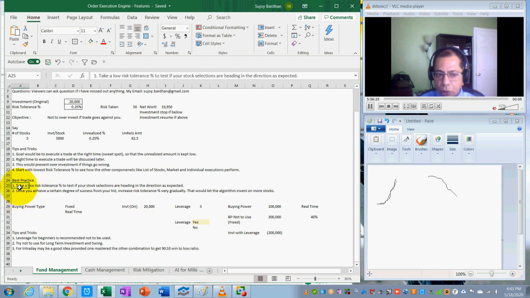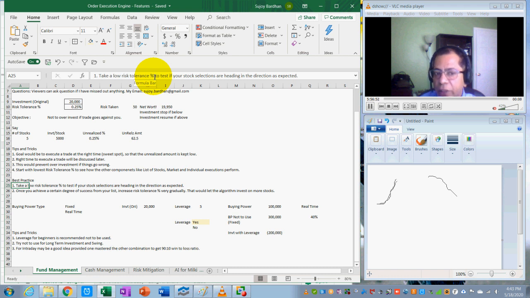So that's what I mentioned: start with a very low risk tolerance, and as you master that skill, you know what, I'm not hitting tolerances, I'm going way above the tolerance percentage, and I'm milking profit. So you have invested in say 2 stocks, and both of them gave you good results.